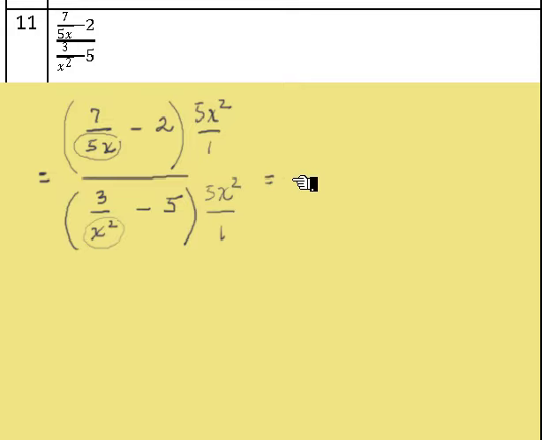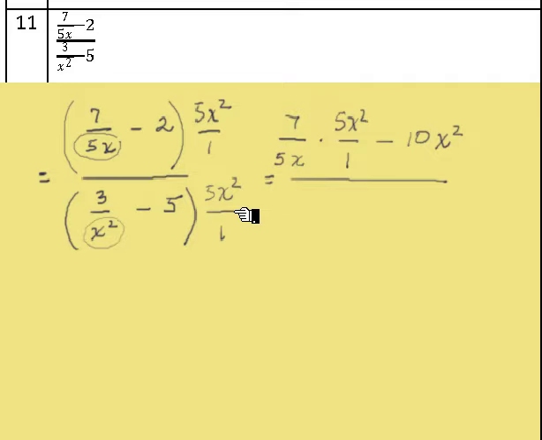As a first step, we just use the distributive law and multiply through, and we do canceling in the next step. So 7 over 5x times 5x squared over 1. Okay, we're multiplying this times this. And now don't forget, this times this, minus 2 times 5 times x squared, that's 10x squared.